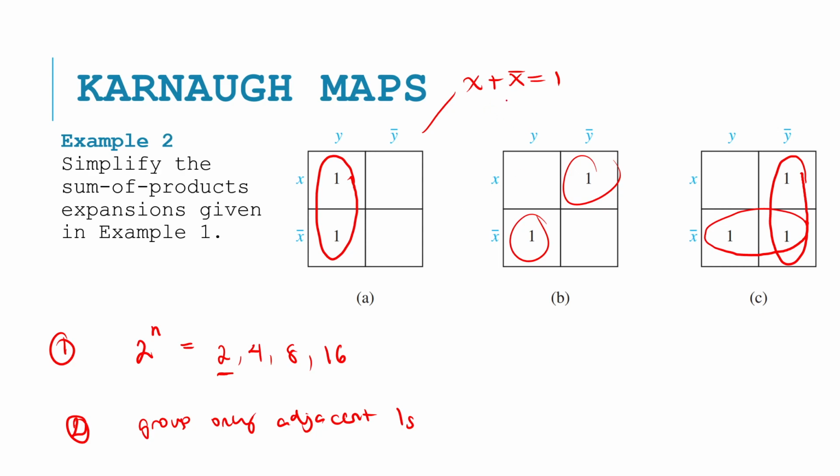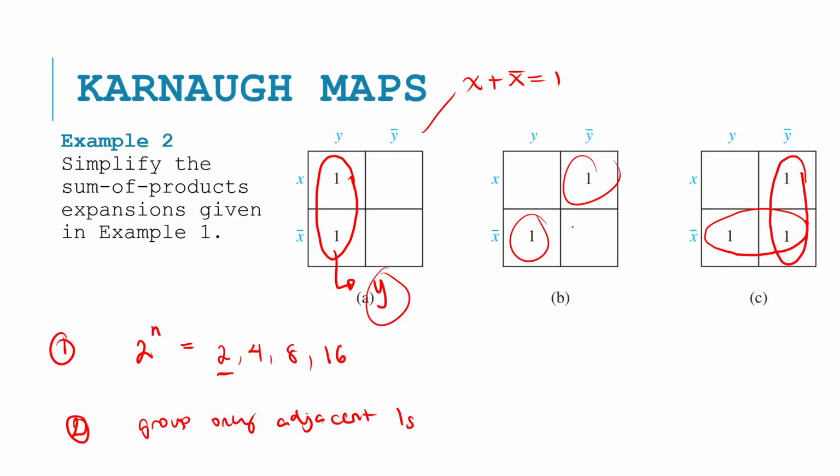Therefore, since we have x and x prime in this group, that automatically is 1, and 1 times y would just give us an expression of y. So for letter A, the simplification of the sum of products is just y.